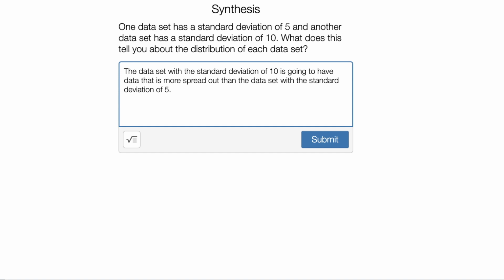If I have a standard deviation of 5, my numbers are closer together than they are if I have a standard deviation of 10.